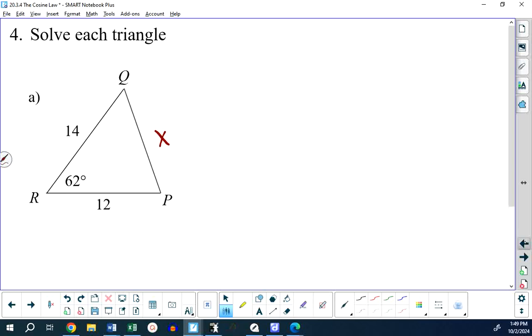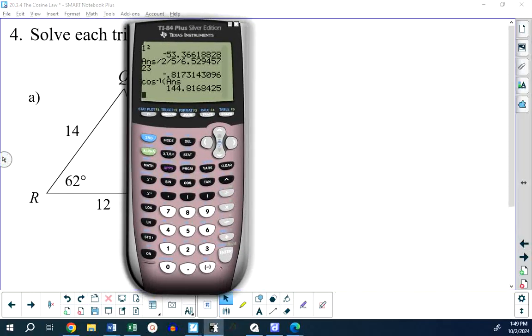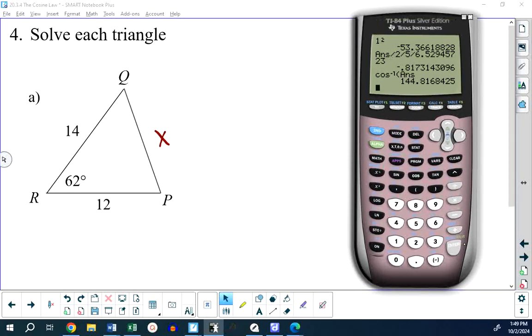Maybe I'll write something down for B. And I don't want to try to pressure you into skipping all kinds of work. But I know some of us can do this. I hope all of us can do this. I'm going to take 14 squared plus 12 squared minus 2 times 14 times 12 cos 62.